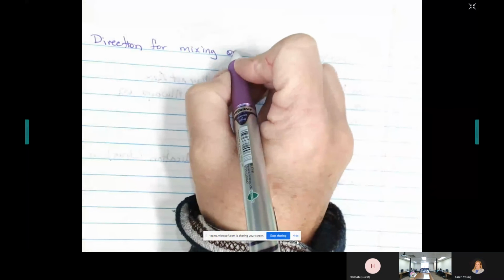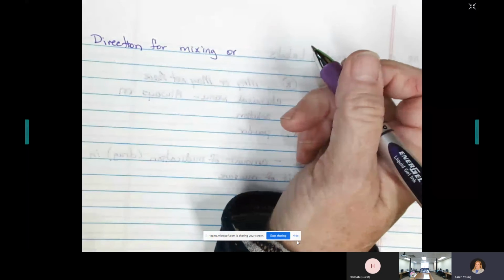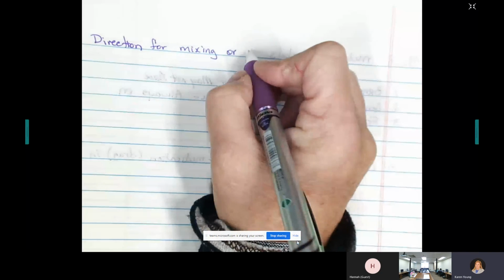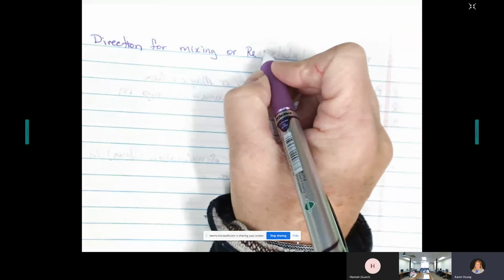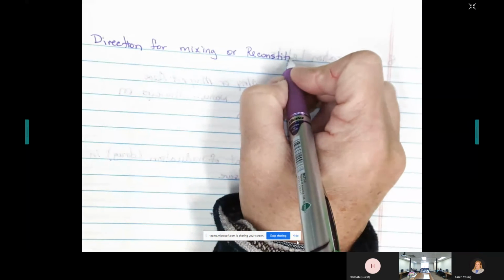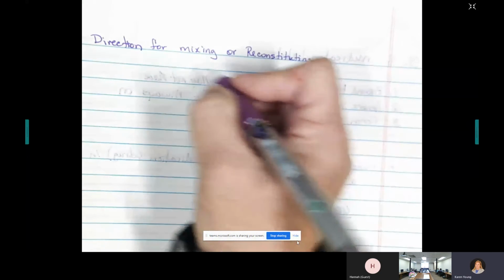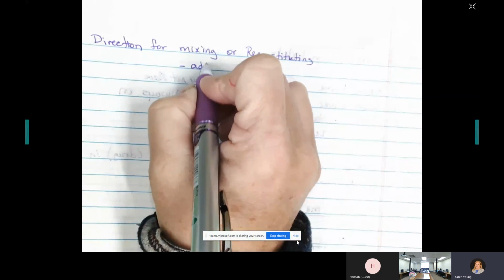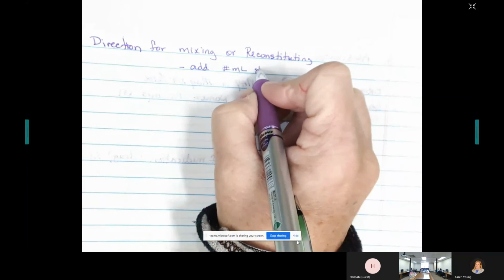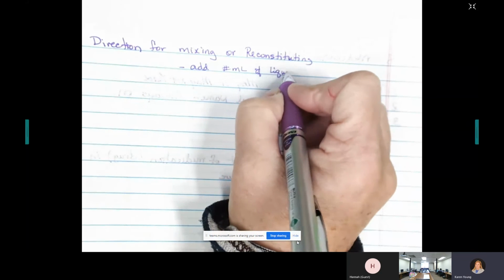What's a diluent? You'll have to add some kind of liquid. So you'll have your directions for reconstituting. This is where we're going to add so many milliliters of liquid, and it'll tell you what kind of liquid.